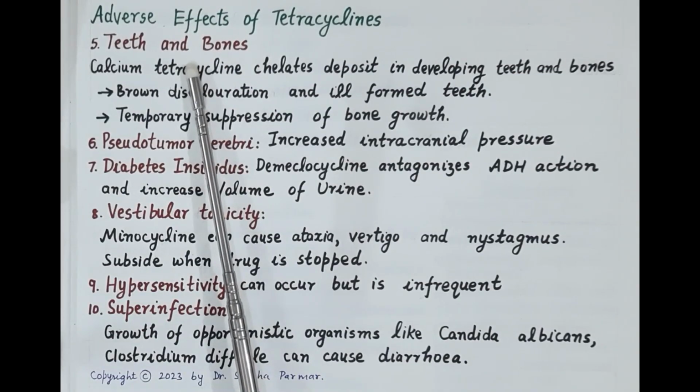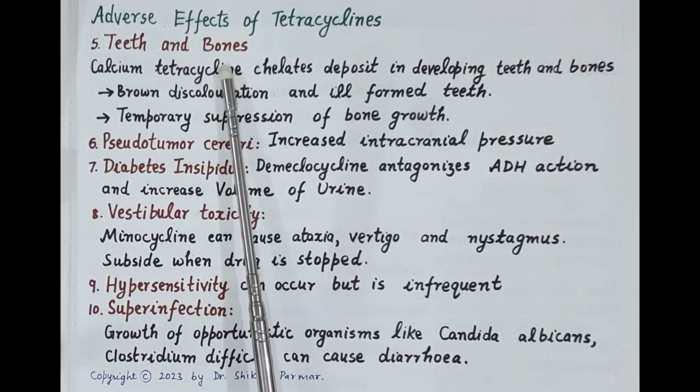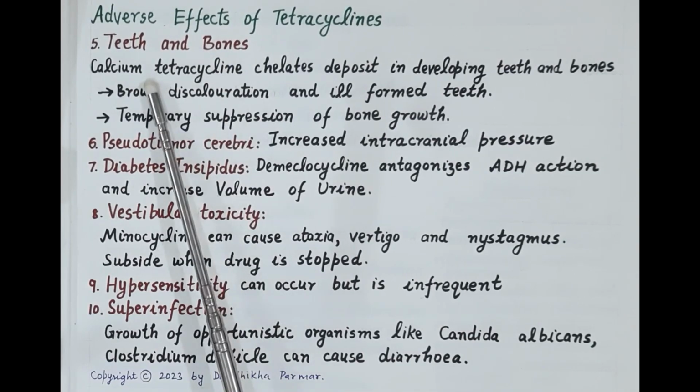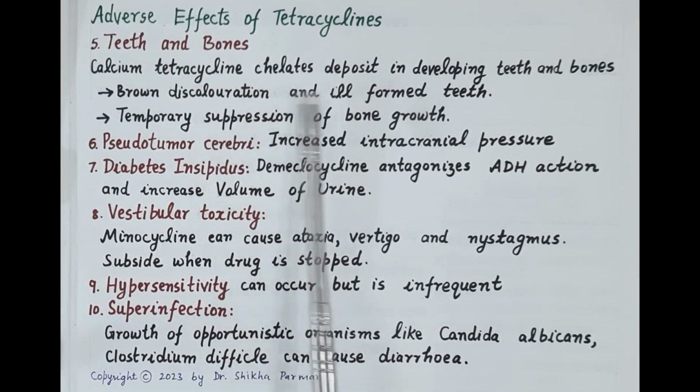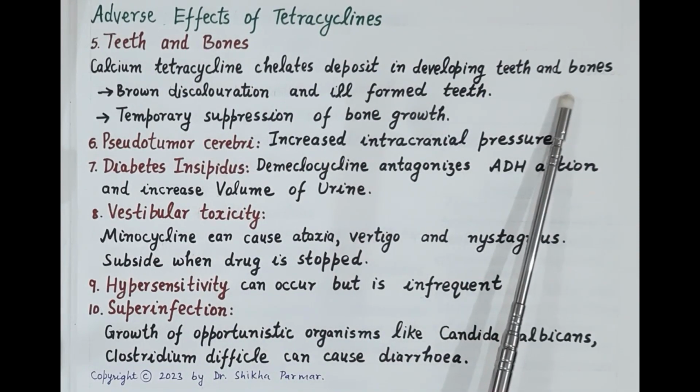Then adverse effects of tetracyclines on teeth and bones. Now, as already discussed, tetracycline forms complexes with the calcium, and this calcium tetracycline complex deposits in the developing teeth and the bones.